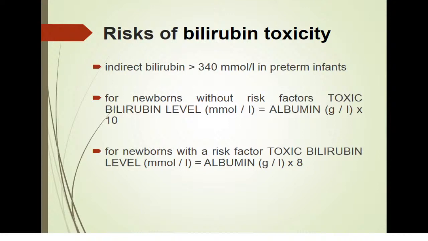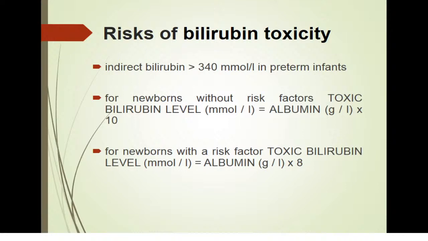If indirect bilirubin is associated with albumin, it is more difficult for it to pass through the blood-brain barrier. Preterm babies have lower albumin levels than full-term babies. Therefore, the toxic effect of indirect bilirubin can occur at a lower level of bilirubin.